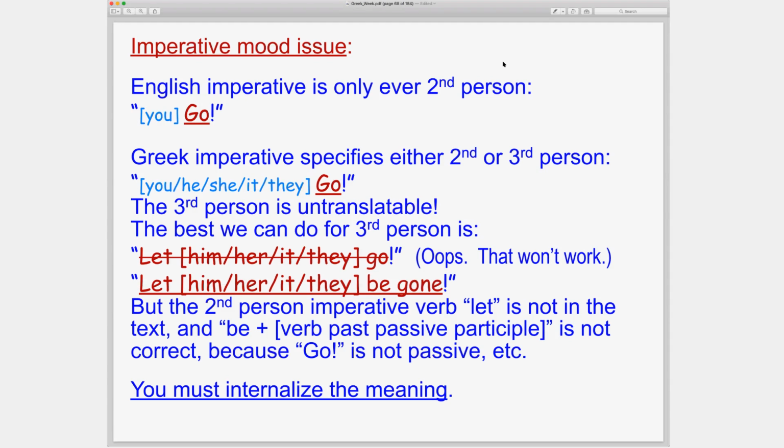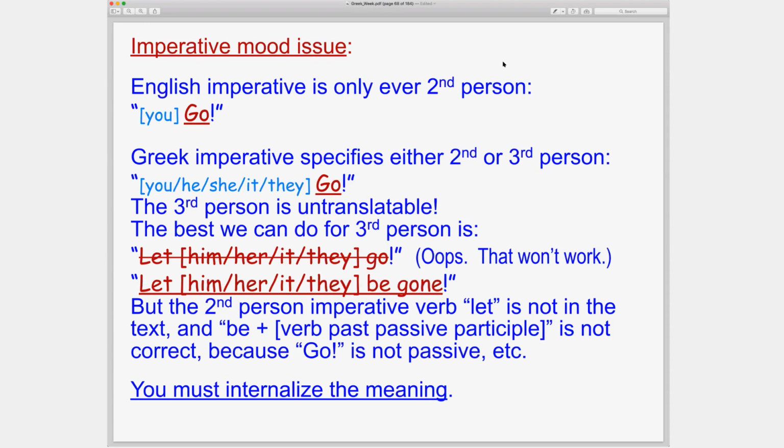It's just go in the third person. You see how I'm kind of stumbling over my words now? And be plus the past passive participle is not correct because go is not passive. So you're not able to actually translate that in any satisfactory way. You can only paraphrase a third person imperative. So you have to internalize the meaning.